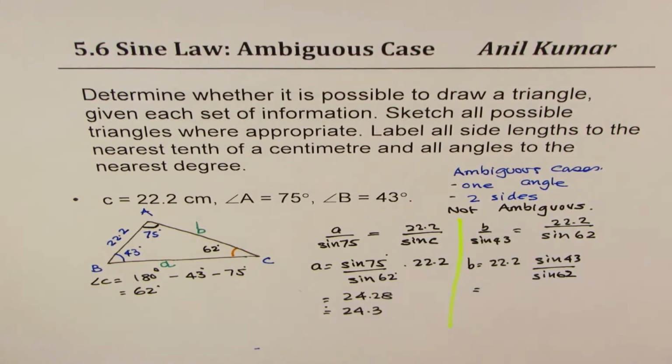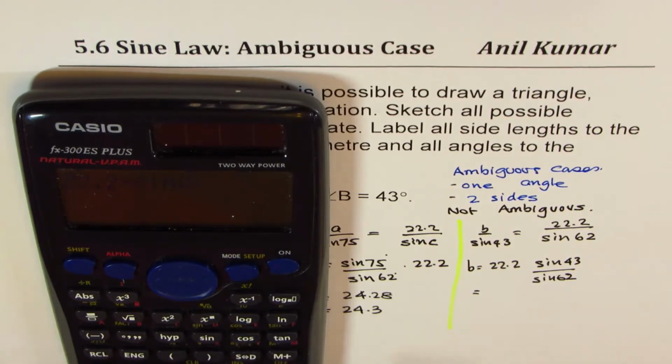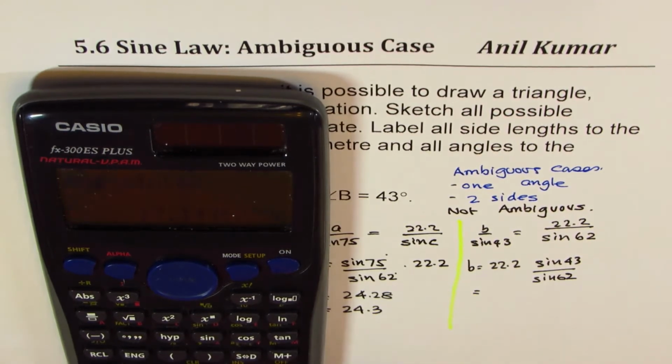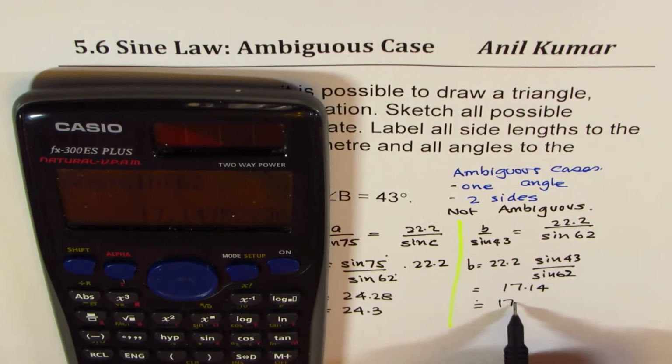Notice this time I have written it in the way I want to perform the operation. So 22.2 times sine 43 equals, divided by sine 62 equals. That gives me 17.14, rounding it to 17.1.